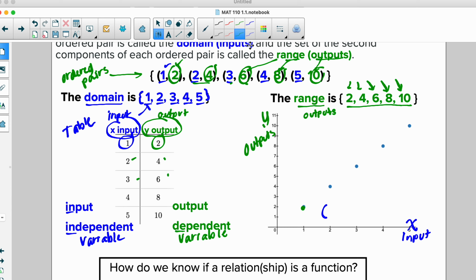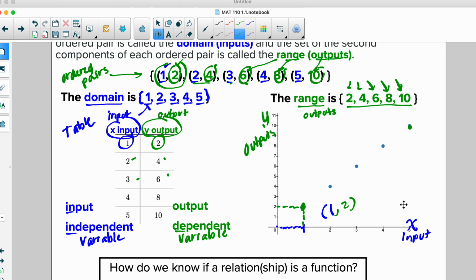In this case, if I travel over to 1, that's my input, and then I travel up to this point here, and I get the coordinates, or the ordered pair, which says when I input 1, I have an output of 2. So again, I can plot each one of these points here.